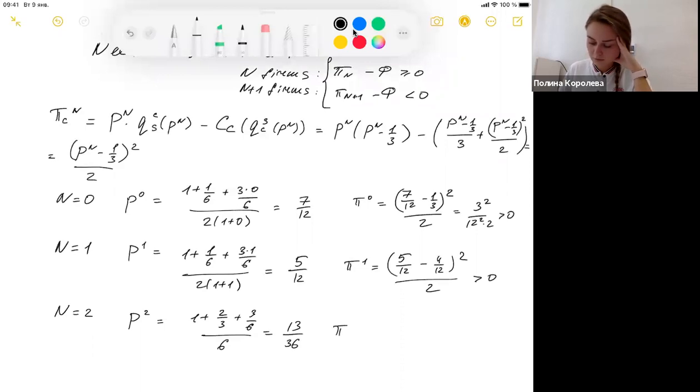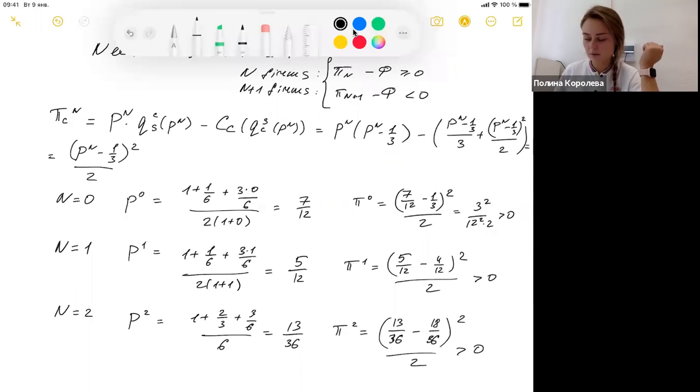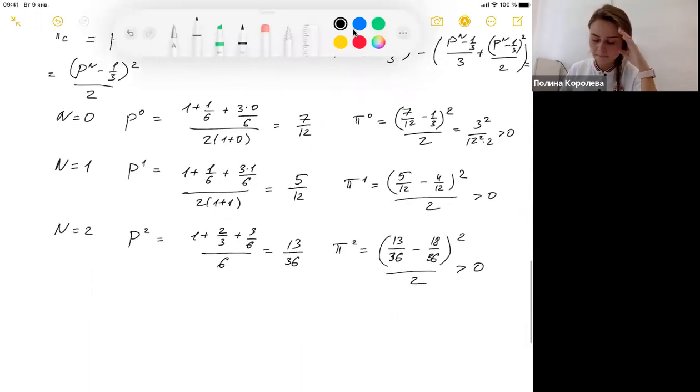And the profit of each competitive firm, if we have 2 competitive firms in the market, is 13/36 minus 18/36, squared over 2. It is also positive. So firms continue to enter. What will happen if the number of firms equals 3?